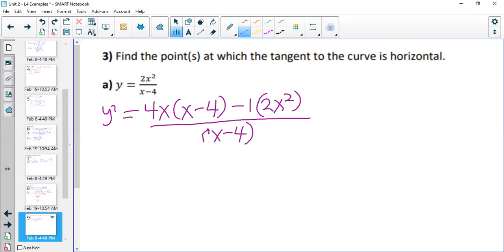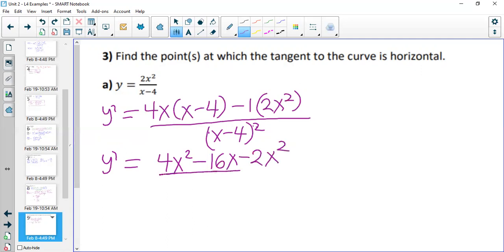Repeating the rule over and over again to make sure that I don't make any mistakes, since it is a complex rule to remember and very easy to mix things up. So y prime, or you can do dy over dx, same thing, 4x squared minus 16x minus 2x squared over x minus 4 squared.